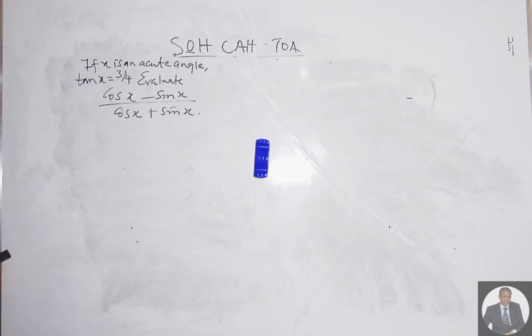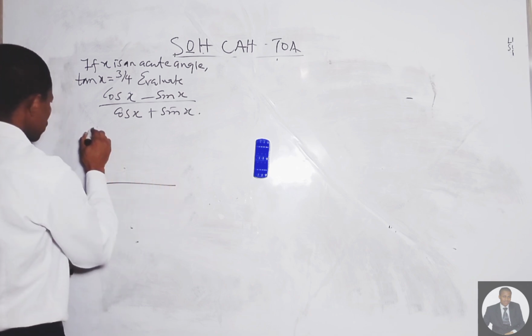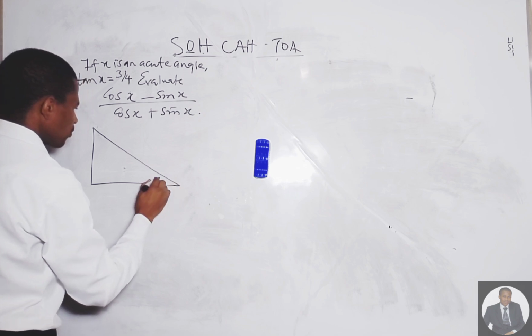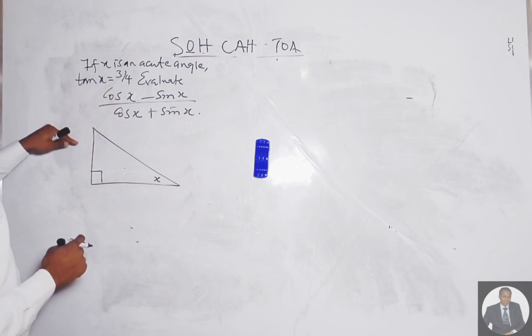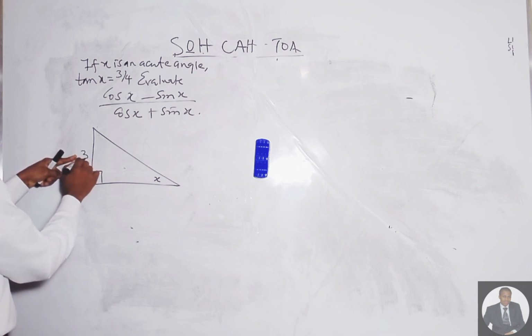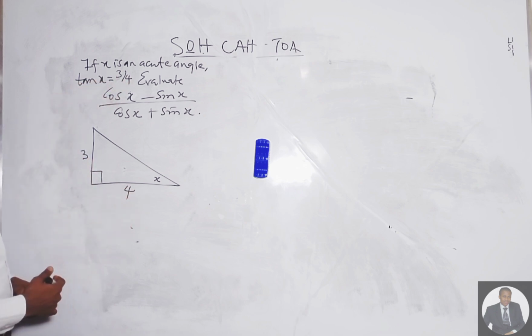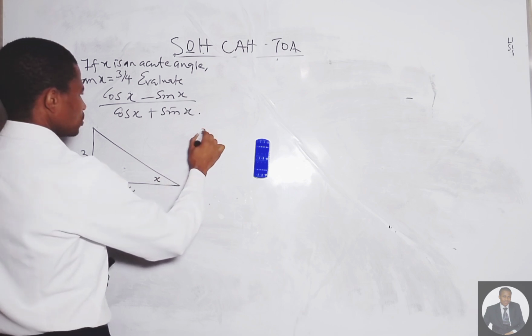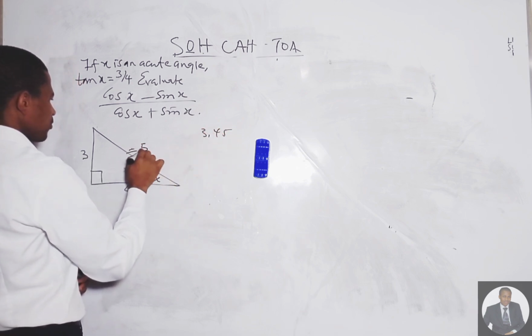As usual, the first way to solve this question is to draw a right angle triangle. We look for our x, station it somewhere. Then tan, what is tan? Opposite, that's 3, over adjacent, that's 4. This looks like a Pythagorean triple, 3, 4, 5. So our hypotenuse will be 5.